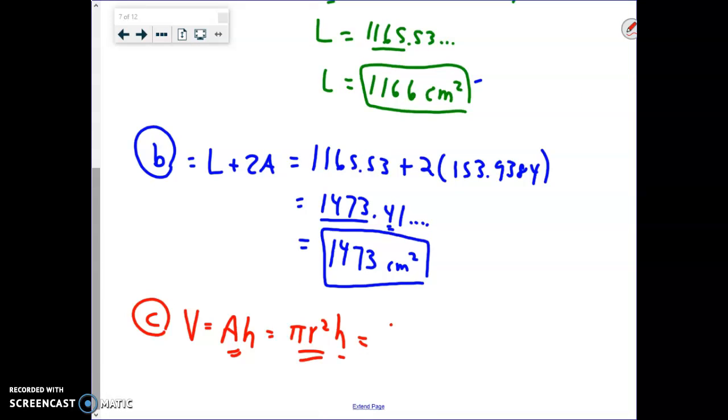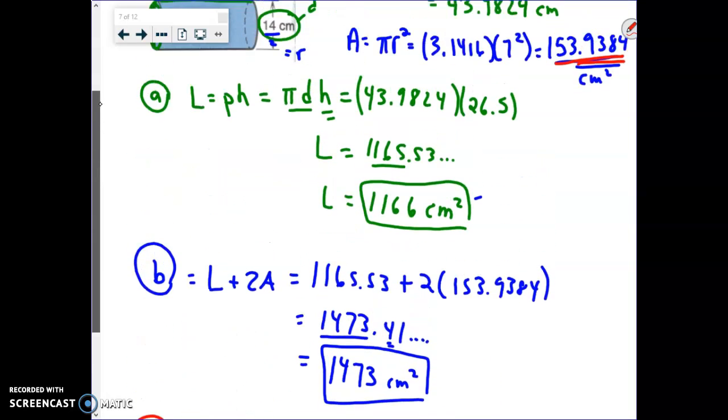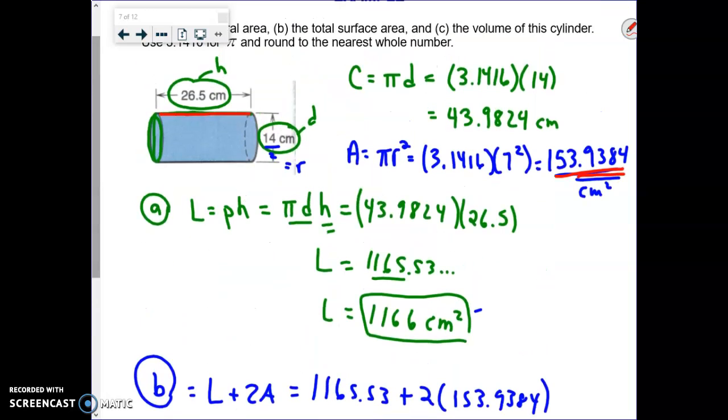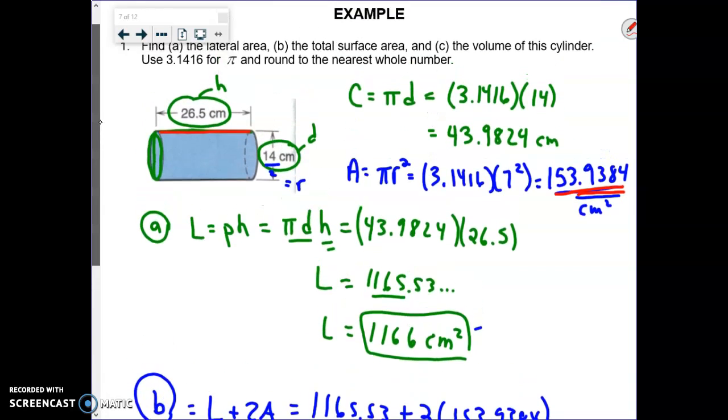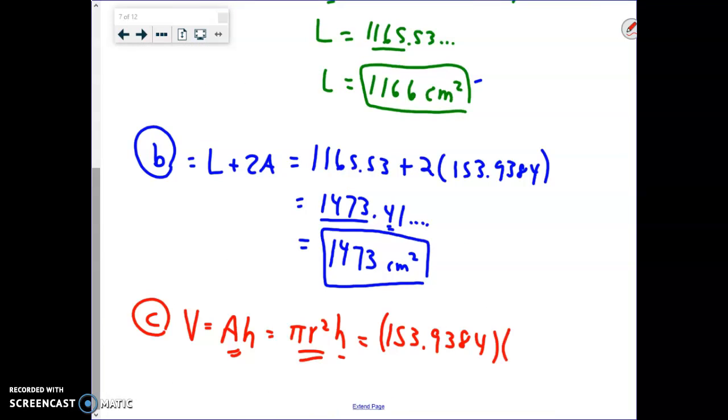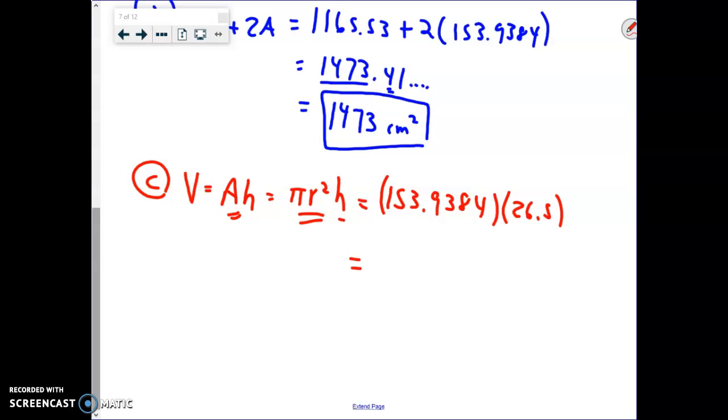So we're just going to take 153.9384, and we're just going to take that times the height of the cylinder, distance between the two bases, which is 26.5. Okay, now if we work that out on the old calculator, that ends up being 4,079.36, and so on. And if we round to the nearest whole number, that's 4,079 cubic centimeters.